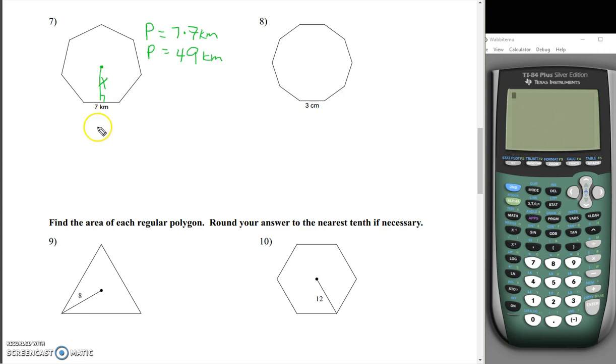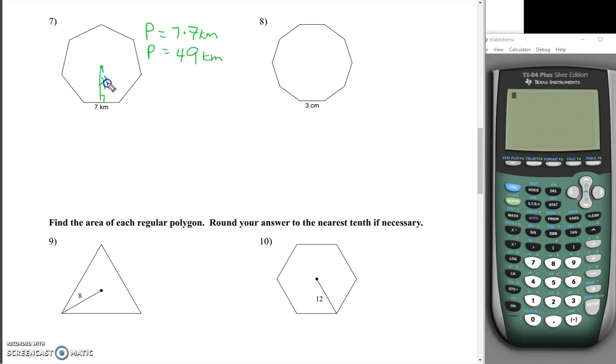Well, how do I find that? I'm going to probably use trigonometry. Sometimes we can use special right triangles. But what I need to know is what angle is formed with the vertices of the heptagon.